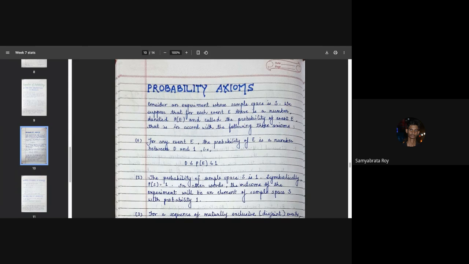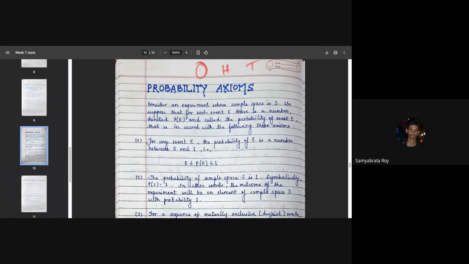Suppose I have a coin which has both sides, head and tail. In general, head and tail are equally likely to appear.